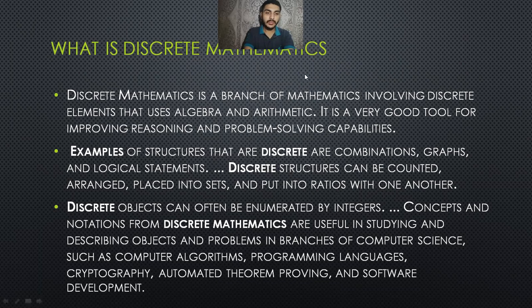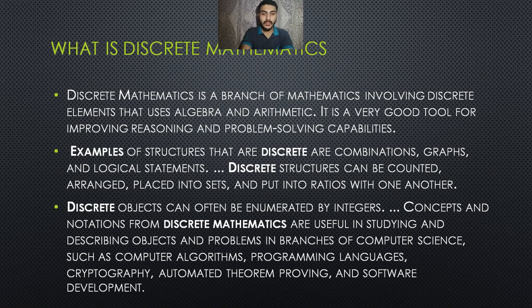Discrete mathematics is a branch of mathematics involving discrete elements that uses algebra and arithmetic. It is a very good tool for improving reasoning and problem-solving capabilities. Examples of structures that are discrete are combinations, graphs, and logical statements.